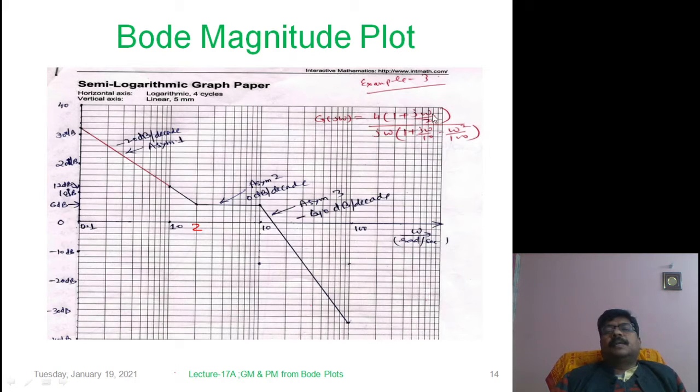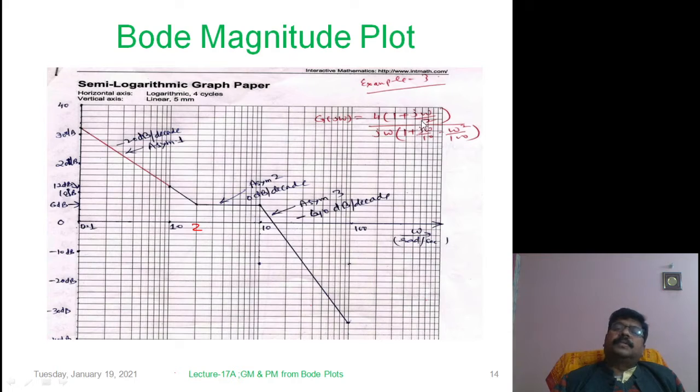After that, this will be contributing a plus 20 dB, so here minus 20 dB and plus 20 dB. The next asymptote will be at 0 dB per decade, and this will continue up to 10 radian per second. So from 2 to 10, this has a slope of 0 dB per decade, and after this the quadratic factor will be contributing minus 40 dB.